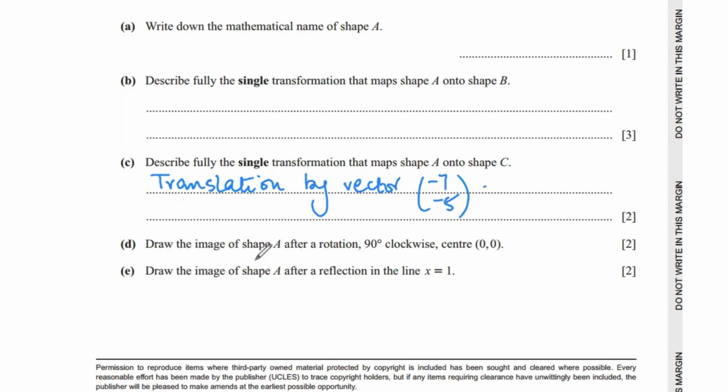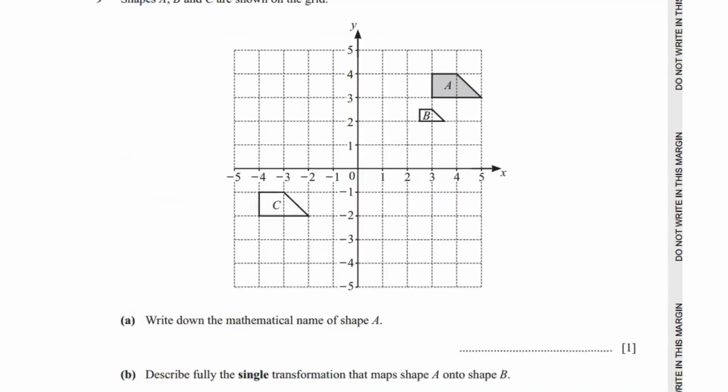Part D says draw the image of shape A after rotation 90 degrees clockwise, center 0, 0. 90 degrees clockwise means it's going to be in this direction, and center is 0, 0. So if we pick this point, it is 3, 3. So over here, it's also going to be 3, 3. This point is 3, 4, so now it's going to be 4, 3.